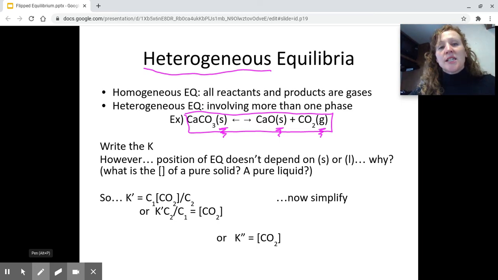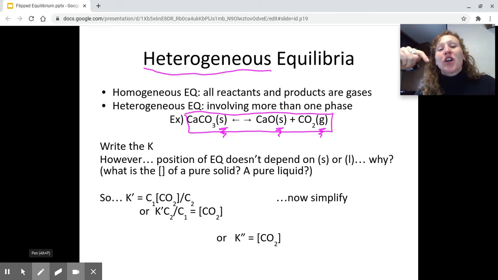So a heterogeneous equilibria refers, there's the word, to an equilibria situation, a reaction that's gone to equilibrium, where the species involved are at different phases.